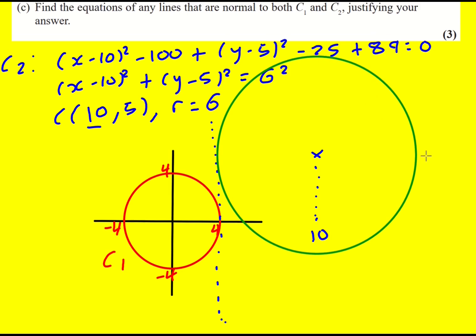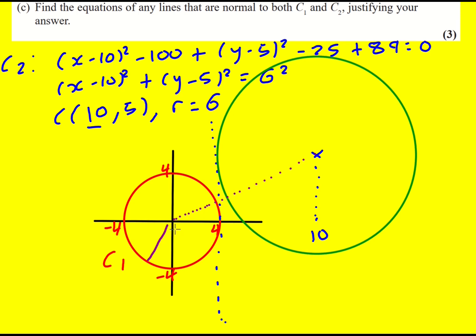So for the normal, a normal is a line that is perpendicular to a tangent, and the normal is always at right angles. So that would be, for example, a tangent of the red circle. The normal's at right angles to it, but it's also got to be at right angles to the green circle, which means I'm interested in drawing a line that's like this.